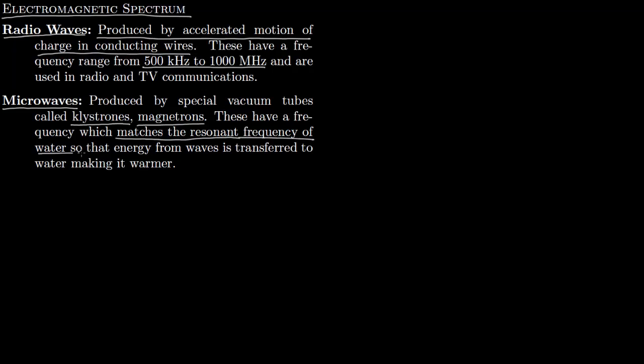water. So when the frequency of the microwave matches the resonant frequency of the water, the energy from the waves is transferred to water, and this makes water warmer. So when you microwave food, it is the water in the food which gets warmer, and that warm water basically warms up the food.